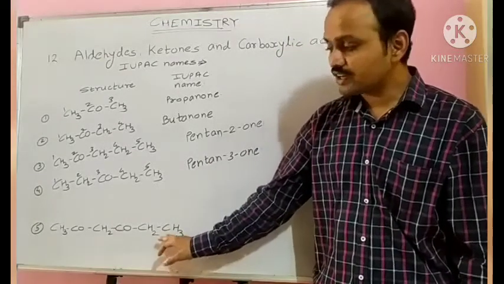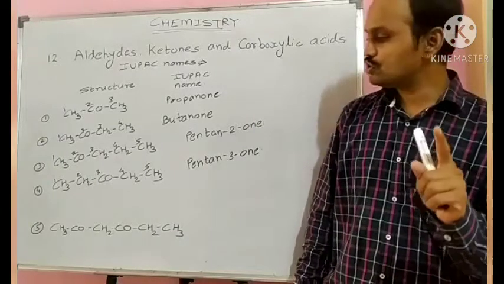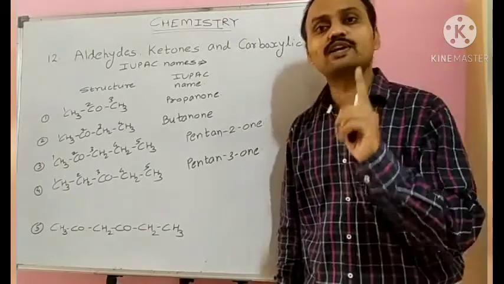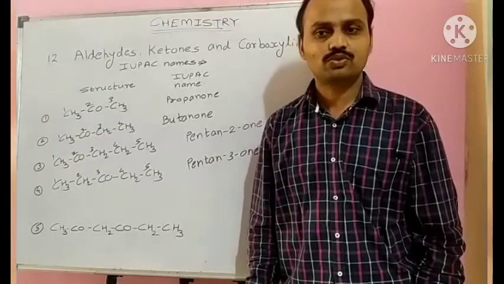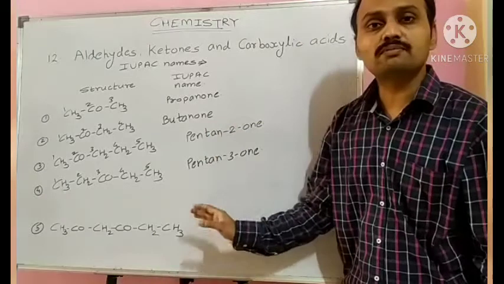But before we write the name, we will have to mention the position of carbon atoms where ketonic functional groups are present. So first of all, we will see total number of carbon atoms and we will number them.